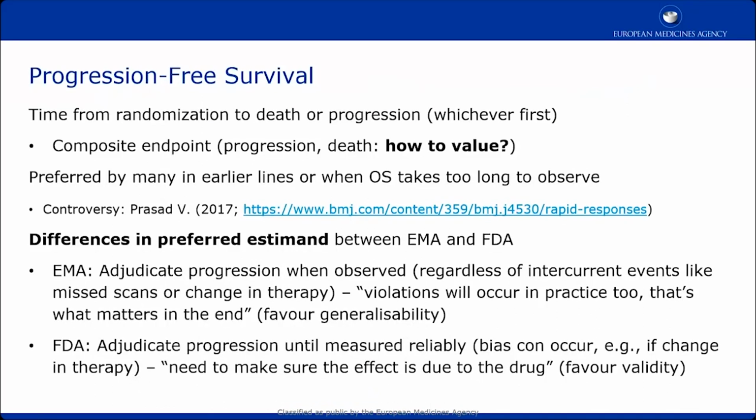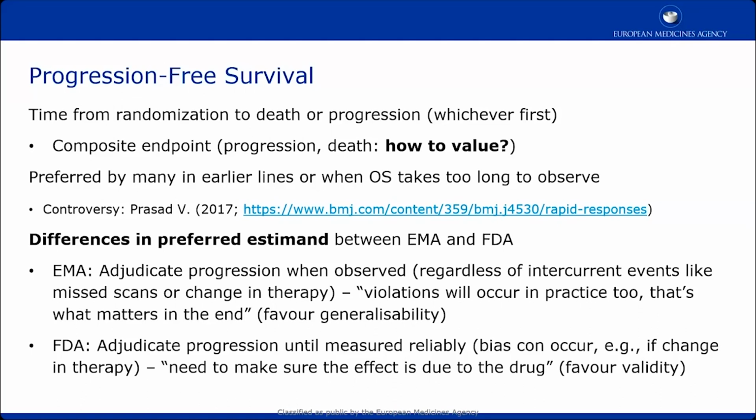Moving on to the other endpoint, perhaps the most controversial among the efficacy endpoints, we have progression-free survival. There is a conventional definition which distinguishes it from, for example, time to progression based on how death is censored. And this is really a very particular case of composite endpoints, which we don't talk a lot about, but actually raises some important issues.